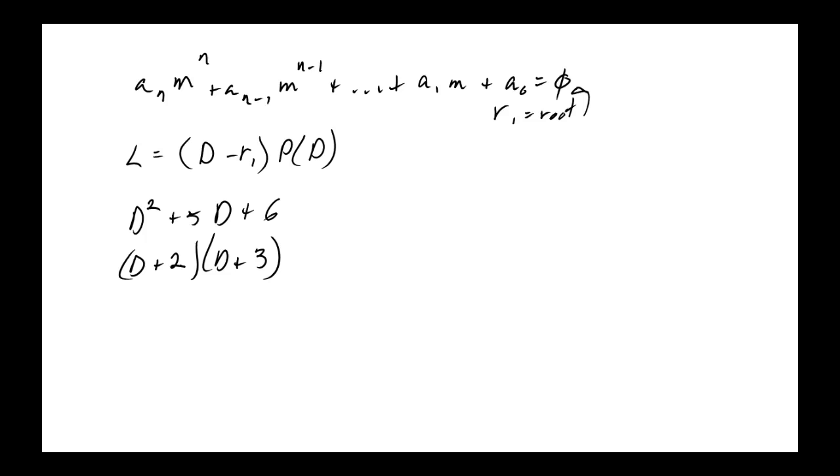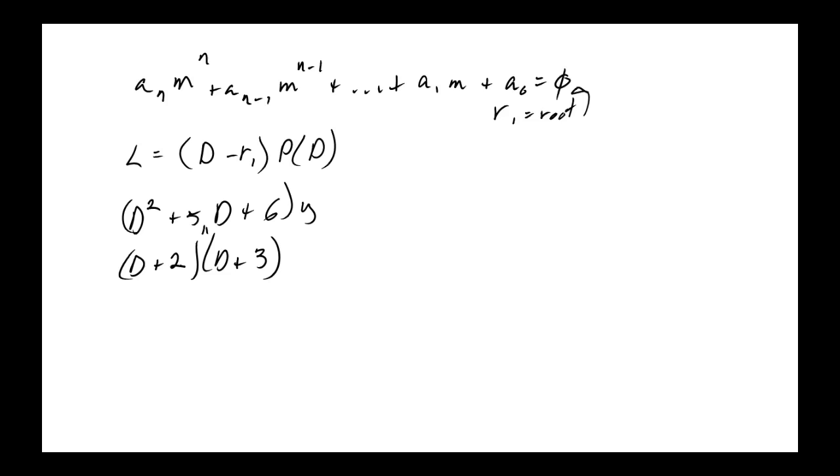Now let's step back a minute and say, okay, let's say this is your operator on some function y. Okay, y is some function of x. Then let's take a moment here and ask, what does that mean? d^2y means the second derivative of y with respect to your independent variable, we're assuming x, plus 5 times the first derivative of y with respect to x, plus 6y, equal to something.